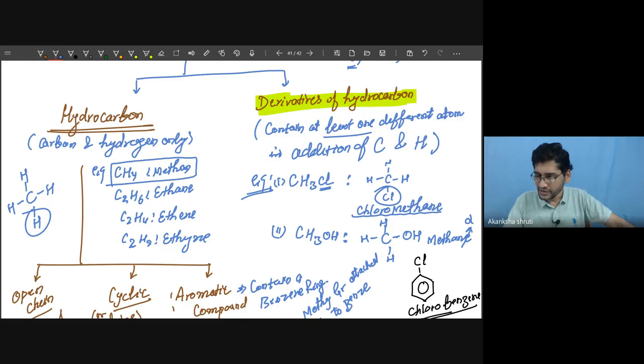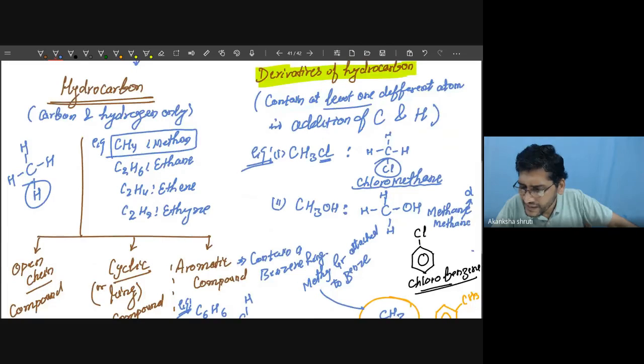So the nomenclature of alcohol, ketone, aldehyde, carboxylic acid, what the functional group is, what the structure of the functional group is, and how it is named, that trick we need to use here. So E has to be replaced by OL. Methane, E should be replaced by OL. So methanol is this one.